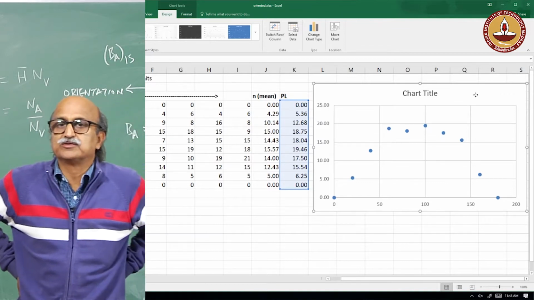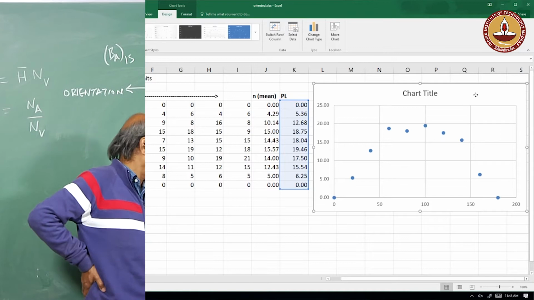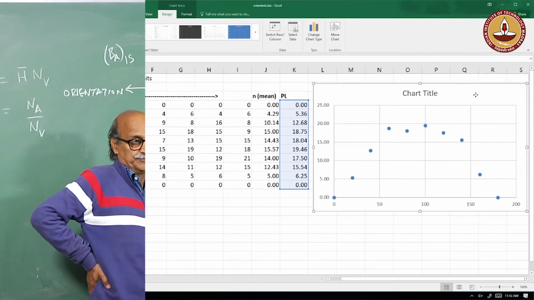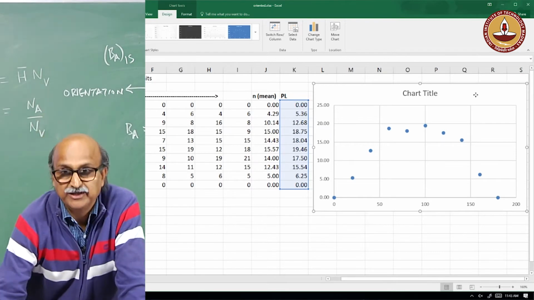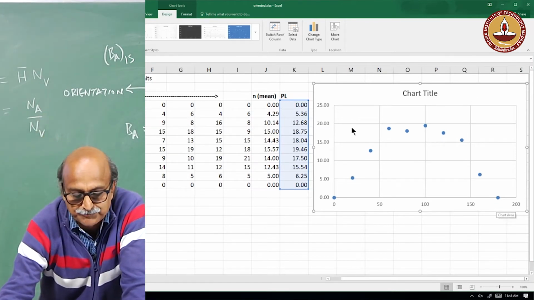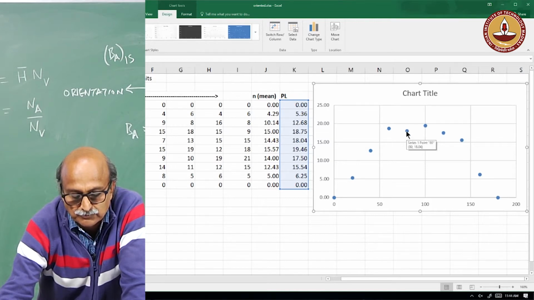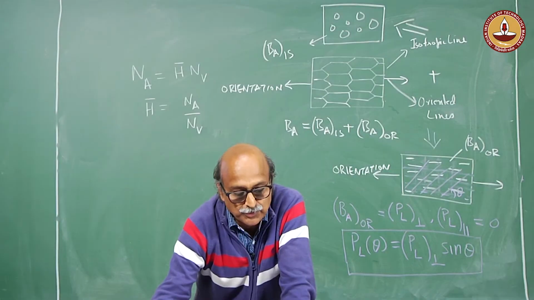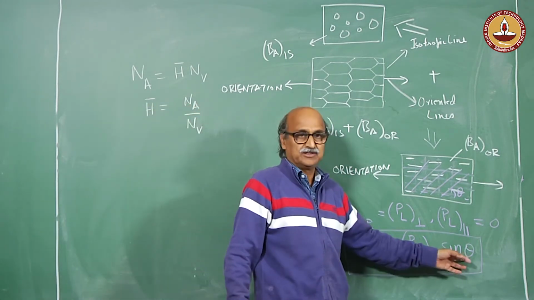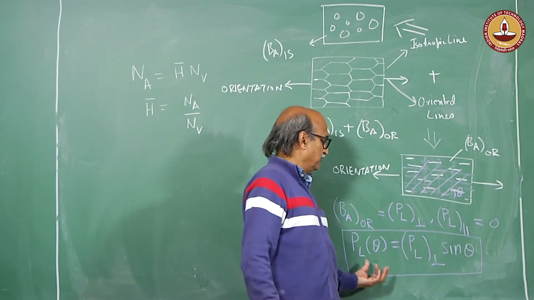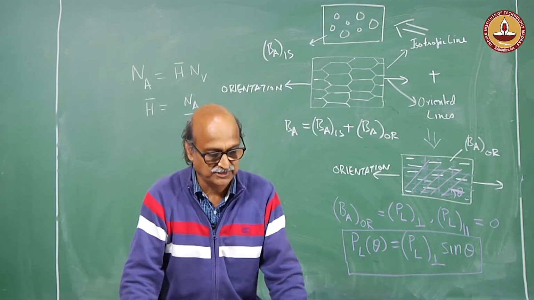Now, what I want to find out is this particular relationship, which means I want to find out PL perpendicular from all this data. Instead of plotting PL versus theta, I plot PL versus sin theta. Then what kind of graph should I get if I plot PL versus sin theta?